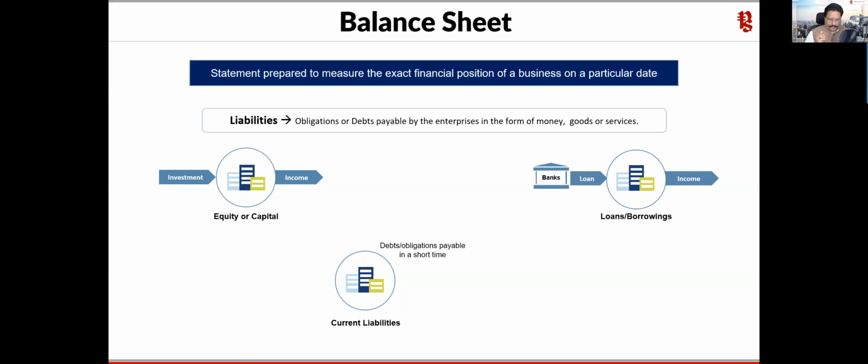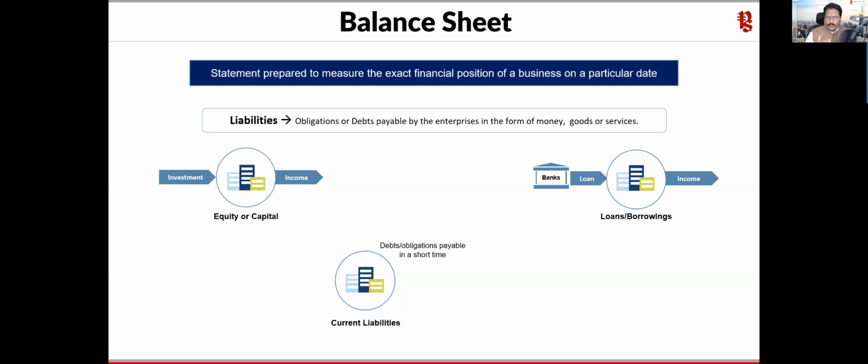For example, let's say I approach a bank, and I have been running this business for a number of years, with good growth year on year, and my financial statements reflect the healthy state of my business affairs.